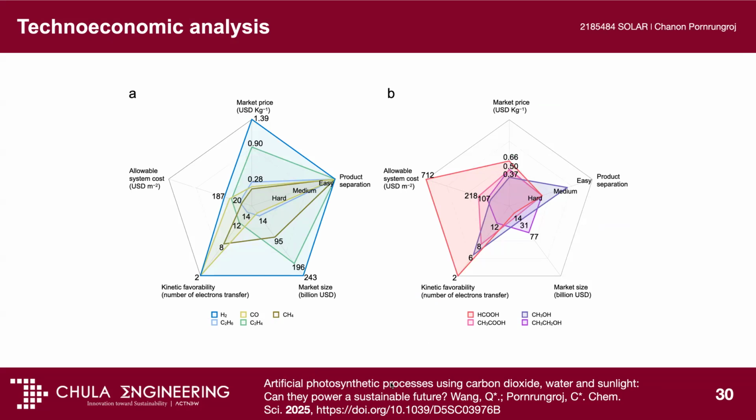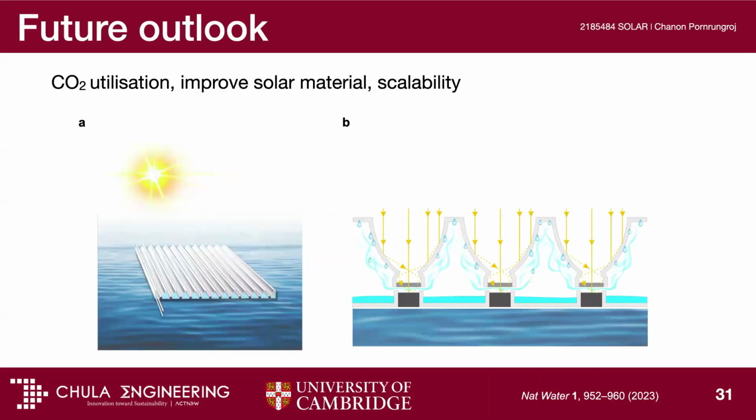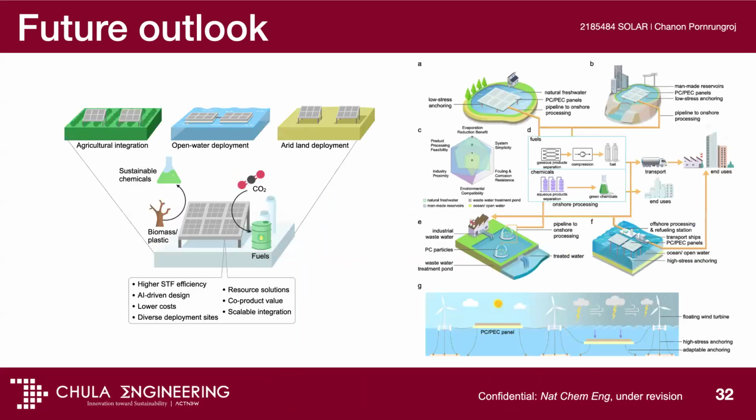Please, if you have time, go read my recent paper here and try to understand this, because we will use it to discuss in the next class. We will also talk about the future outlook, how we can scale our system, and how we may reduce land use competition by utilizing a floating design, going into the large area available in the sea, for example. We also talk about different deployment and other things, and that is coming up.